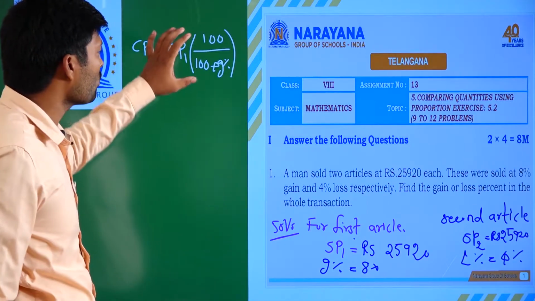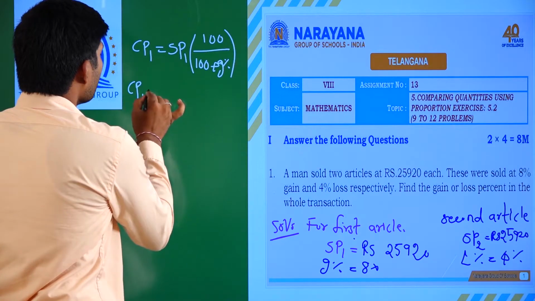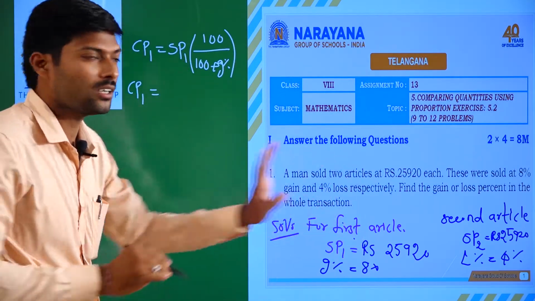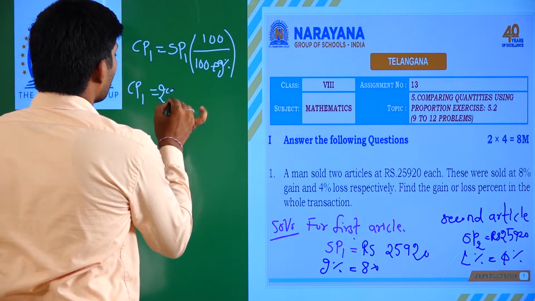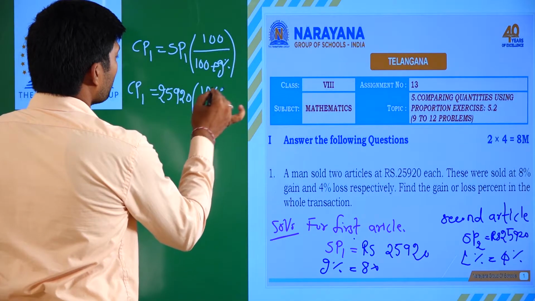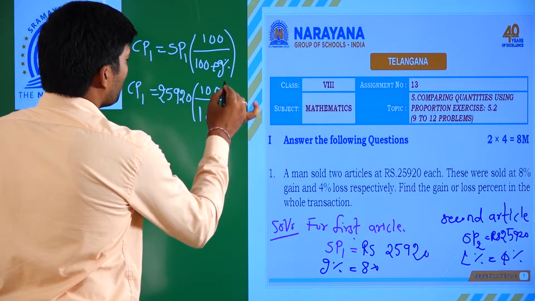This is the relevant formula when it is gain. So CP1, we need to find what is CP1. So SP1, how much is it? 25,920 into 100 upon 100 plus 8.